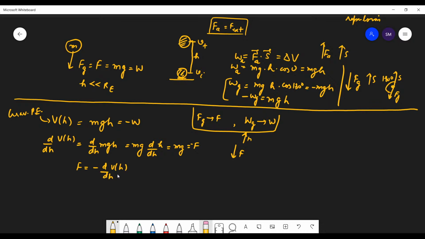So that is the gravitational force, and that is equal to minus mg. So I can write it like this also. This negative sign indicates that this force is downward, because the upward direction I have taken positive. So if force is upward, it is positive, and the downward direction I have taken negative.